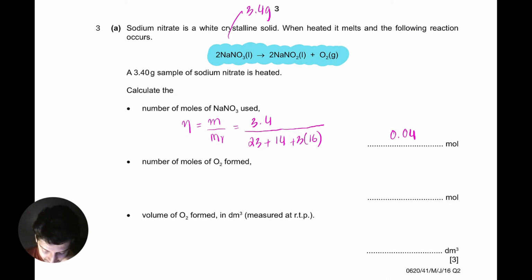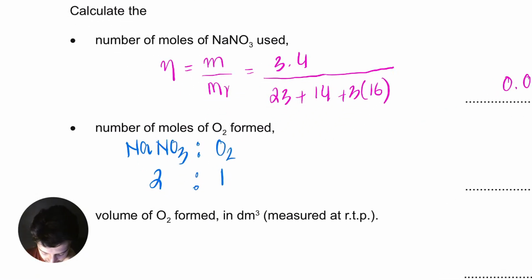So I have to compare my sodium nitrate with oxygen, and the ratio is 2:1. So if this is 0.04 moles, the ratio tells me this is going to be 0.02 moles of oxygen.